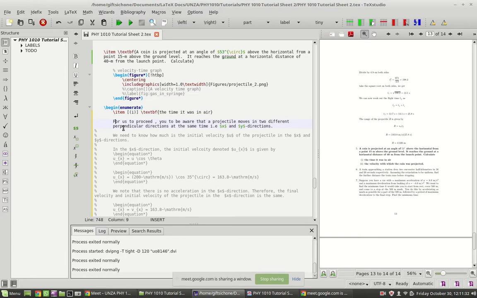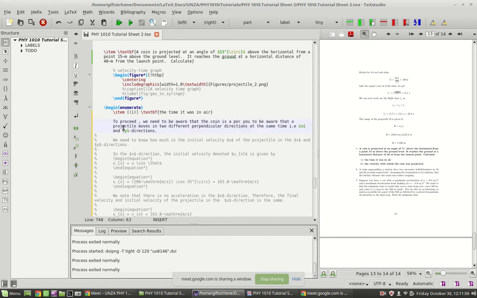Okay. So to proceed, we need to be aware that the coin is a projectile.